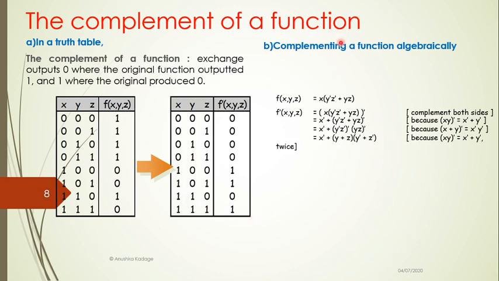Now, the other method is calculating the complement of the function itself. So here, let's say the given function is x ANDed with y dash z dash, OR with yz.